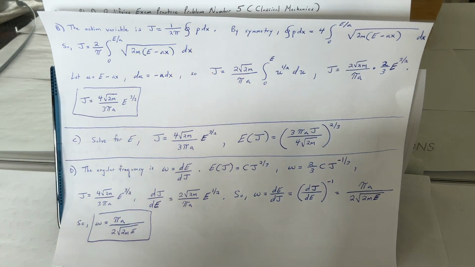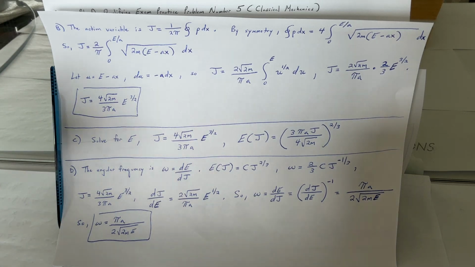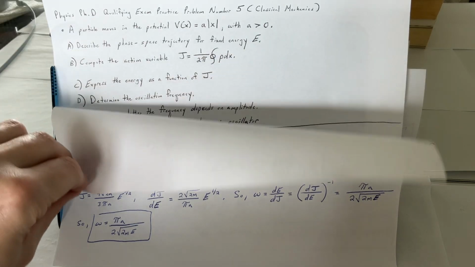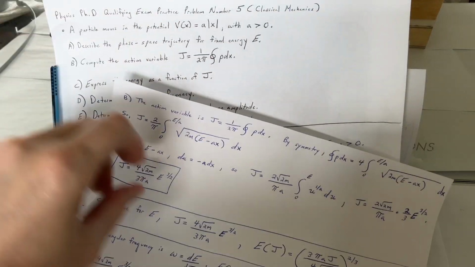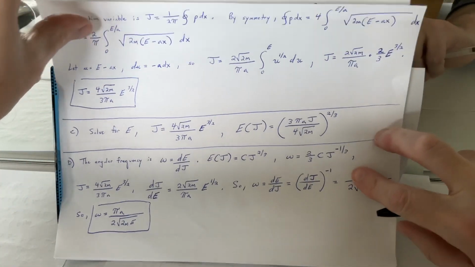And J would equal 4 times the square root of 2m over 3 pi A times E to the 3/2. So that's our J value. Now moving along to part C, express the energy as a function of J.